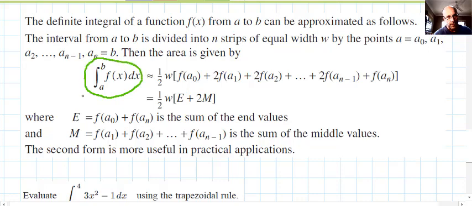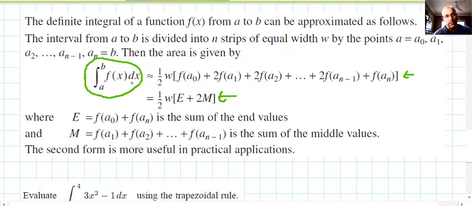So what we do is write the integral between a and b, which is the area under the curve for a given function, is approximately equal to what we just saw. Now the difference is that the h has been replaced with a w, and that approximation equals this here.